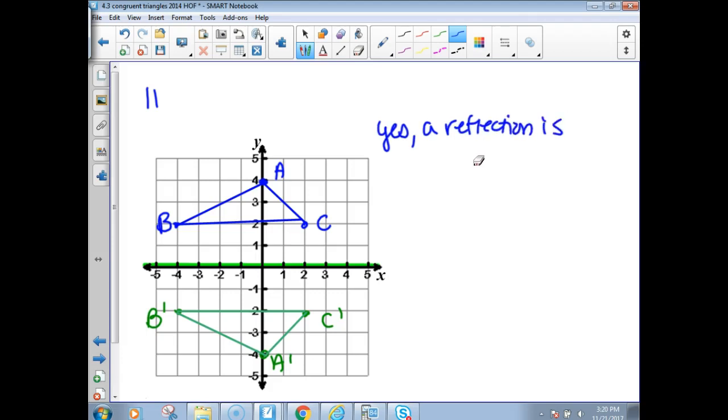What's it called when they stay the same size? Do you remember? Rigid motion or isometry. A reflection is a rigid motion transformation. The angles and sides stay the same size.